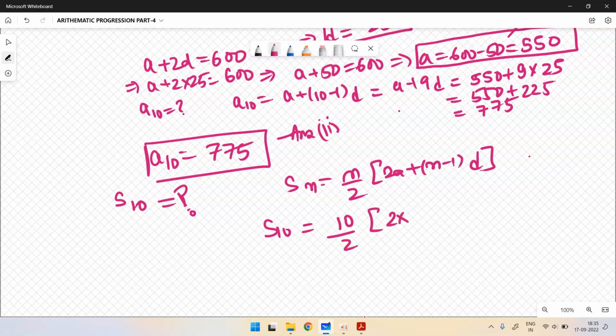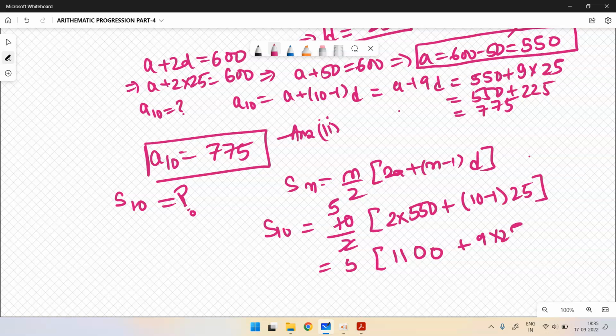A is given to be 550, so 2 into 550 is 1100 plus n minus 1, this is 10 minus 1, and D is given to be 25. So this is 1100 plus 9 into 25, which is 225.